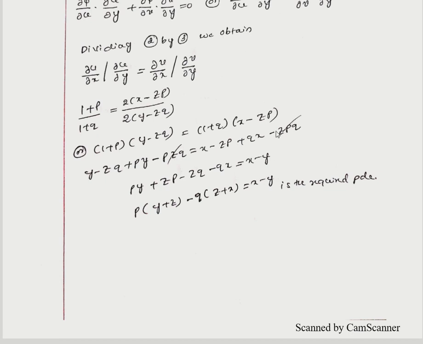These two same terms get cancelled, because if you shift them they become plus zpq, so minus zpq gets cancelled.